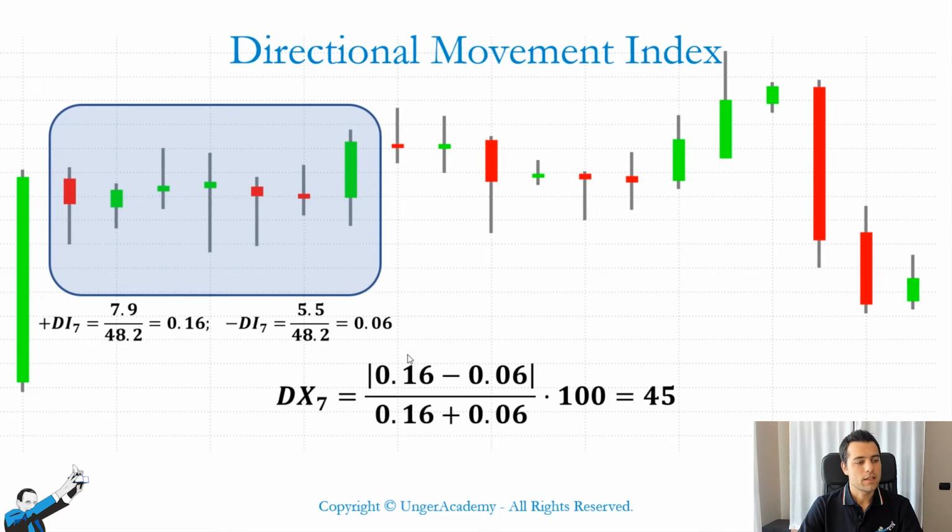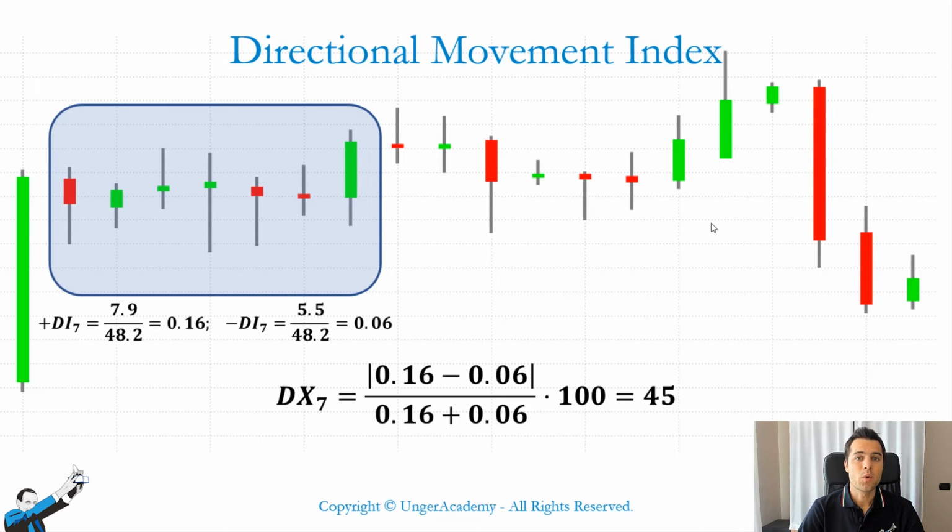In this case, we can see that the absolute difference between these two numbers divided by the sum is equal to 45. But what if we had had the contribution of only the plus directional indicator, for example? Well, in this case, we would end up with just 0.16 divided by 0.16 multiplied by 100, and then the directional movement index would have been equal to 100.